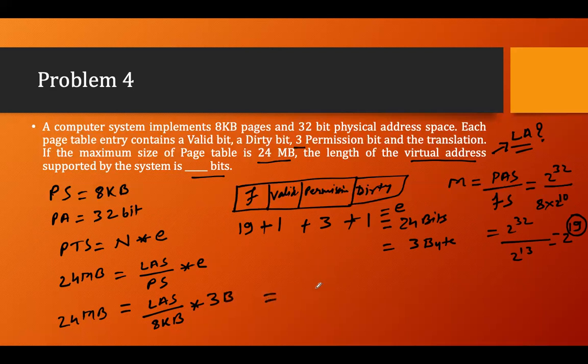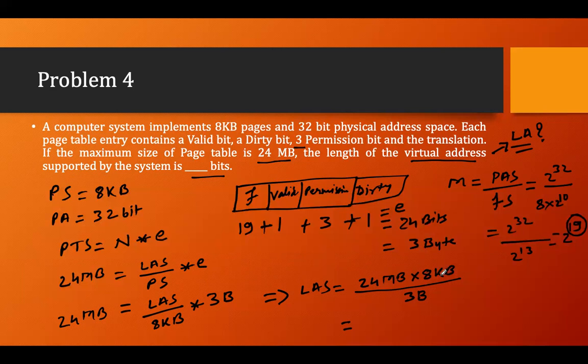Let's try to solve it. Now logical address space will become 24 MB into 8 KB divided by 3 bytes, right? So 24 MB, this is MB and this is KB.